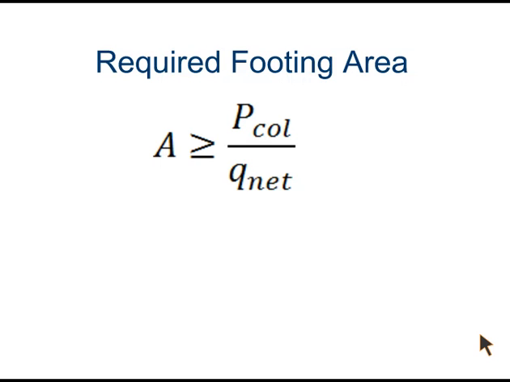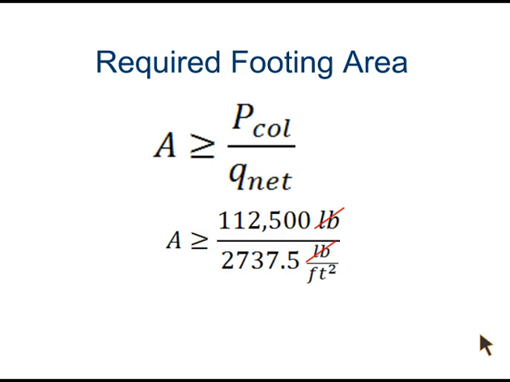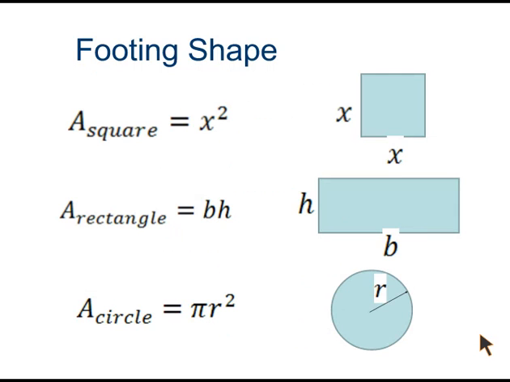We want to find the required footing area using the calculated column load and q net. So the footing area must be 112,500 divided by 2,737.5 pounds per square foot, which is the q net that we found. We get a whopping 41.1 square feet. We need at least that much area of footing to maintain the allowable soil bearing pressure.